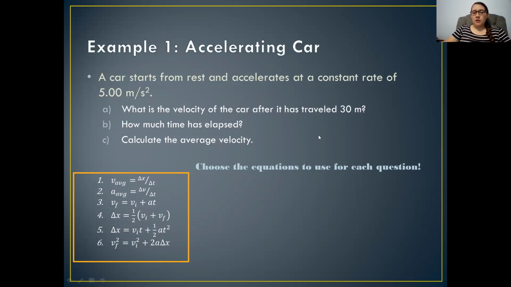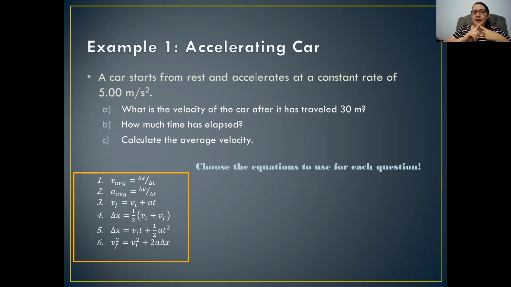We know the initial velocity from rest is zero. So we're looking for that final velocity. So what we want to do is choose the equations that we could use for this part of the question. Not all of these equations will be helpful to us. It depends on what we're given and what we're looking for. So we know we want to find an equation that has final velocity in it, because that's what we're actually asked to find.